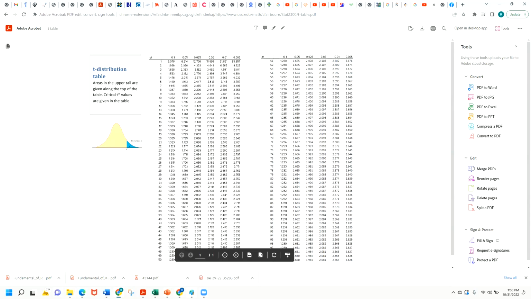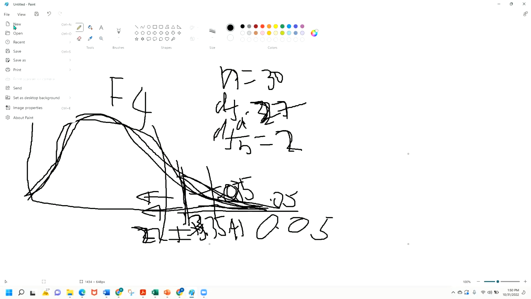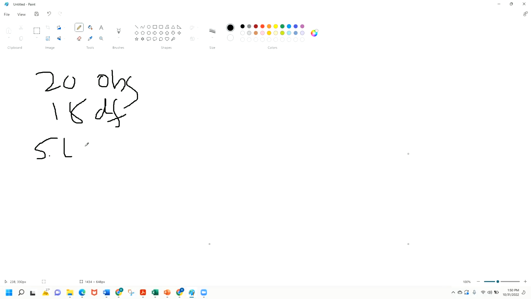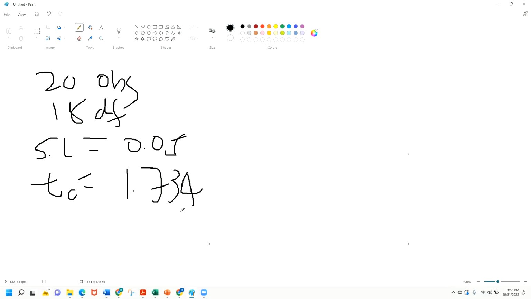So if you have 20 observations, 18 degrees of freedom, and your significance level is 0.05, then your critical T is 1.734. What does it mean?